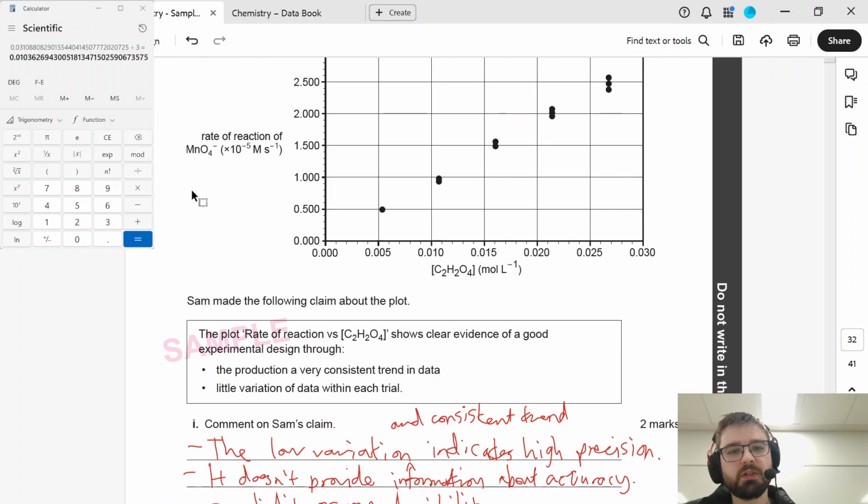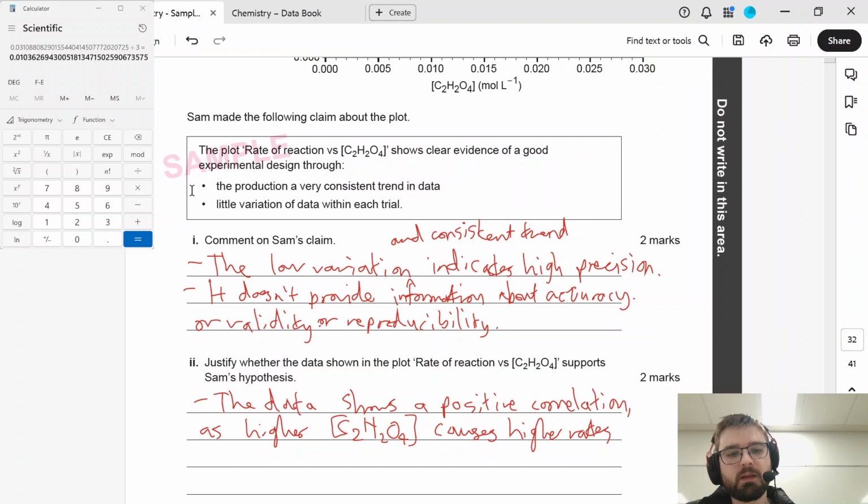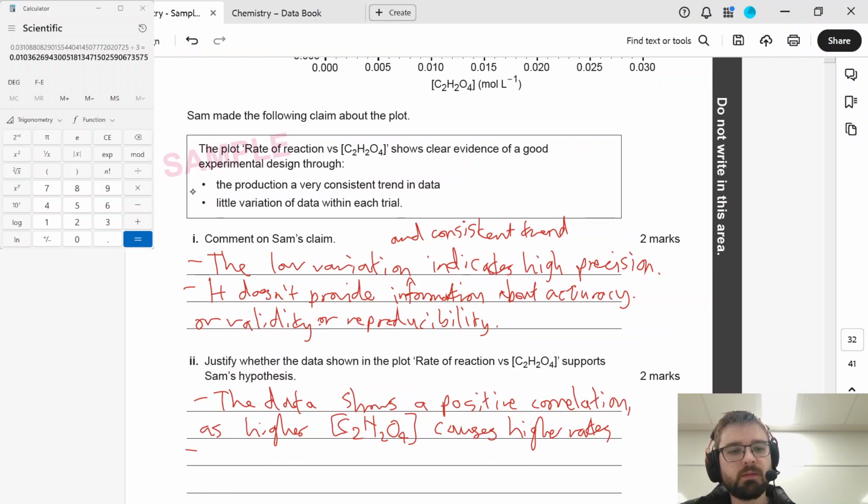We're assuming he collected all his data correctly, right? Thus, the data supports his hypothesis.